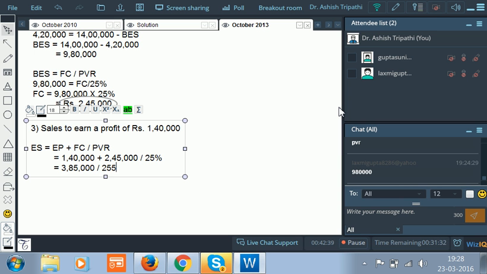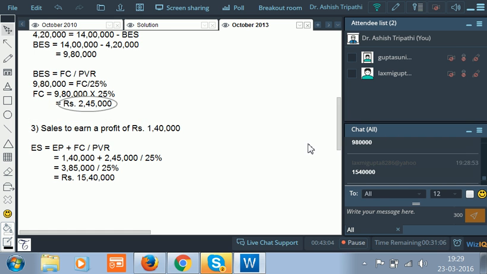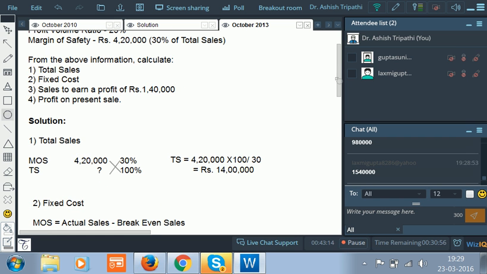So 3,85,000 upon 25%. That will give you 3,85,000 divided by 25% will give you rupees 15,40,000. Excellent. You're correct, Lakshmi. Expected sales we got as 15,40,000.